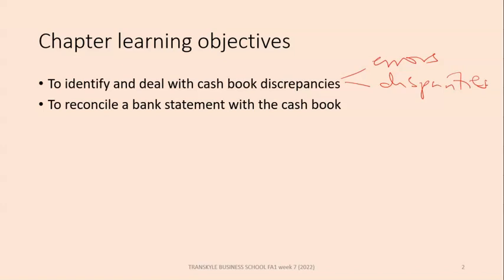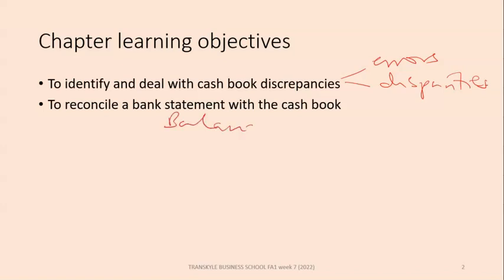Let's say we have received money, we recorded that money in the cash book, and then we have to bank it. So the balance that is in the cash book should actually tally with the balance at the bank. But so many things would have happened which might cause these balances to differ.